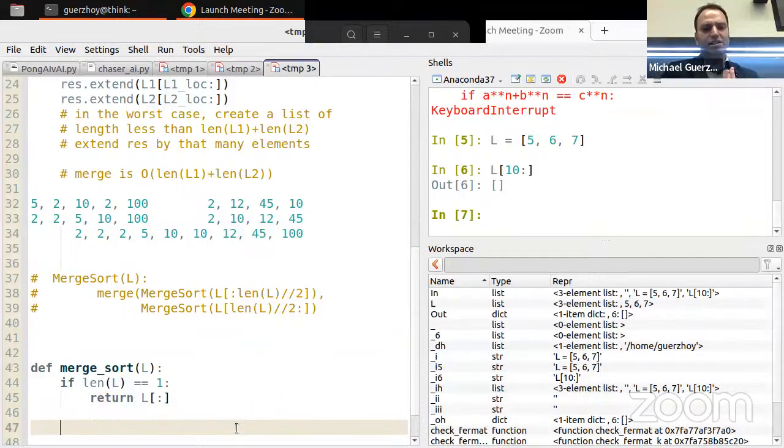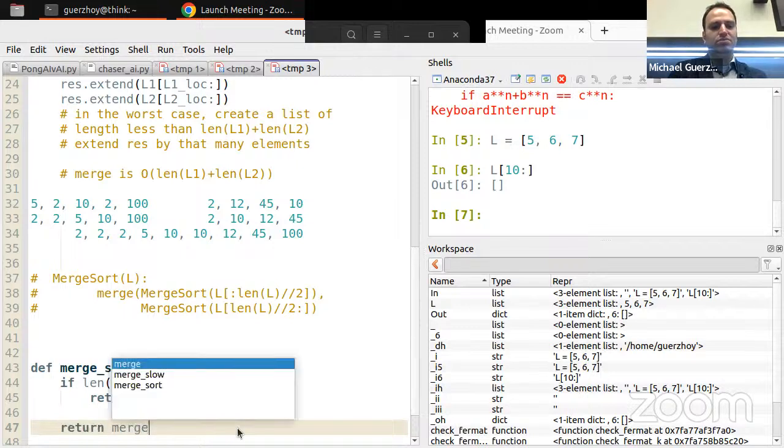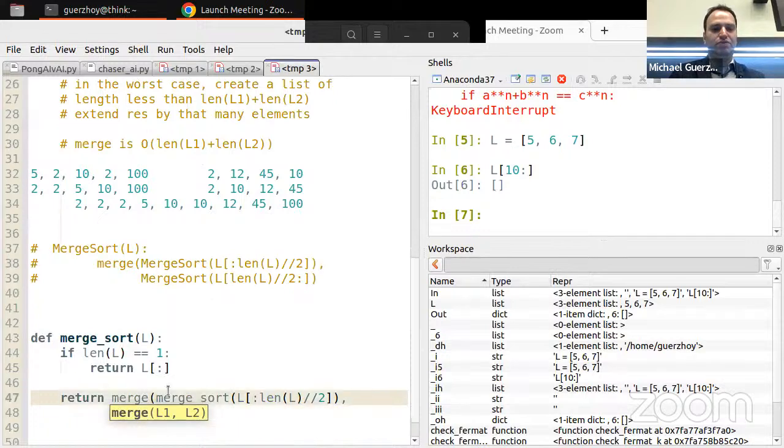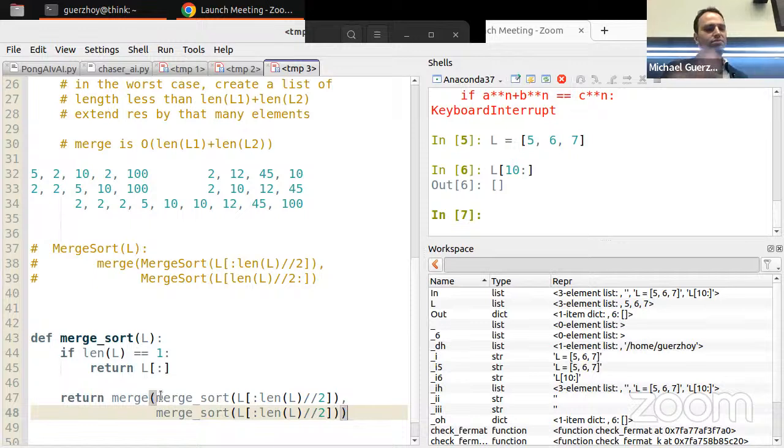So that's that. Now we'll just say, okay, merge the sorted version of the first half and the sorted version of the second half. That's it. That's not the second half, this is the second half.